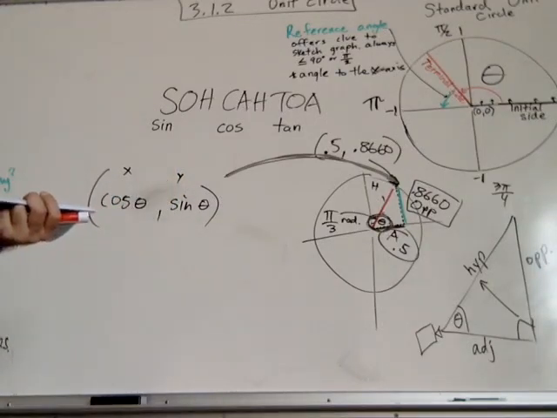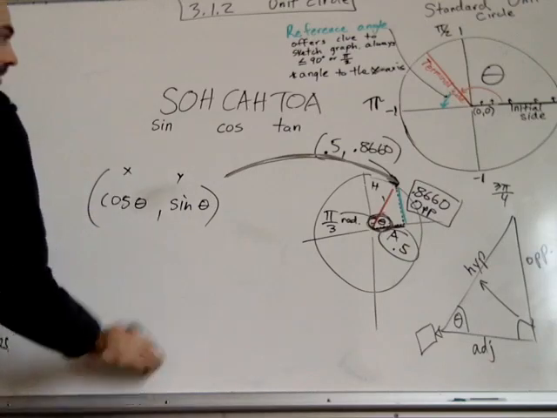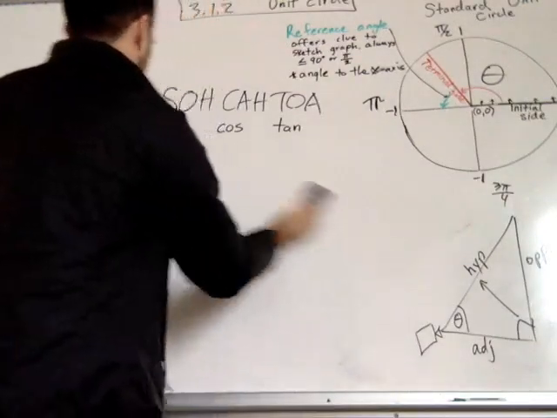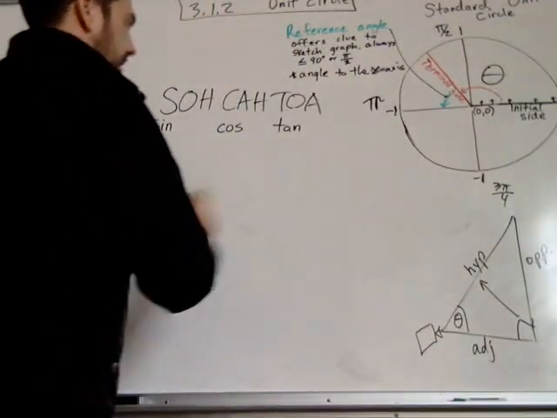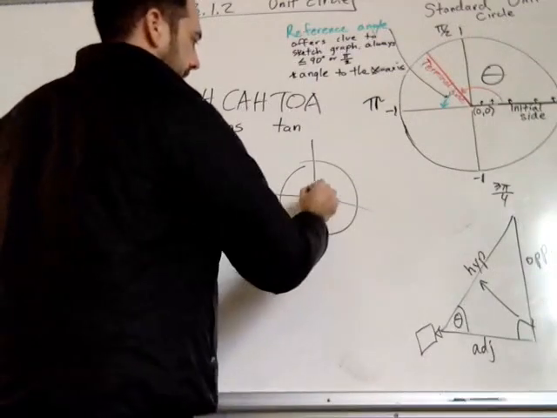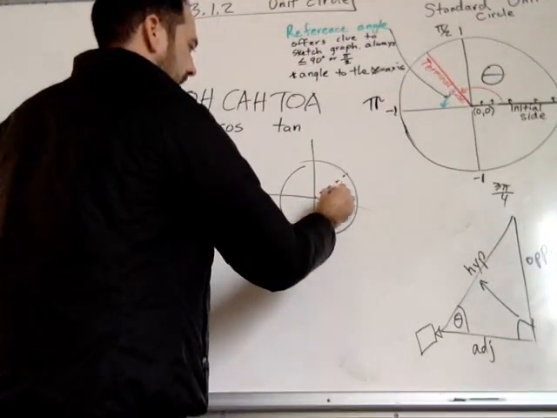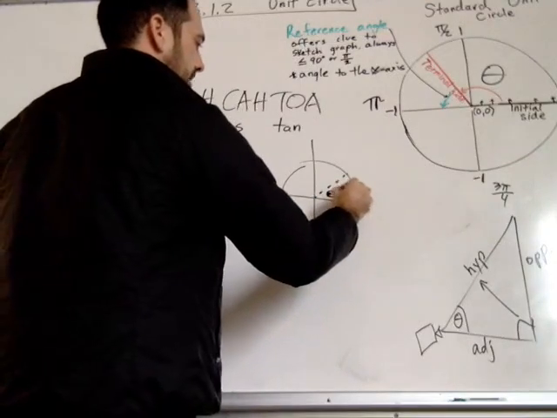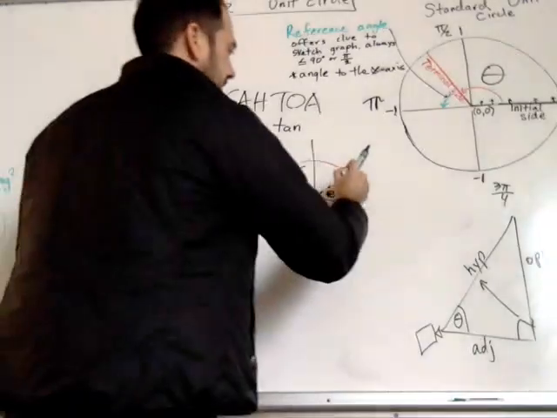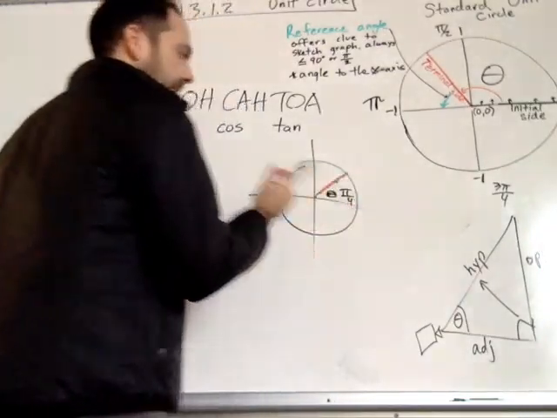Find the point where the terminal side intersects the unit circle at pi over 4. So let's go ahead and draw a quick unit circle there. Here's theta. Theta is pi over 4, right? So essentially here's our terminal side, that's where the angle opens up into.